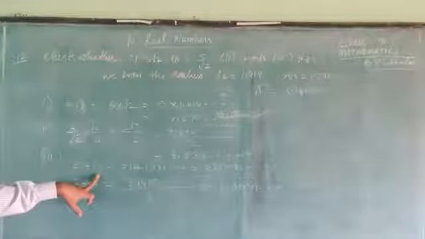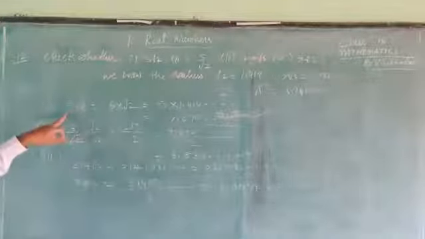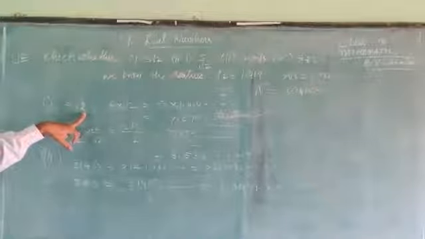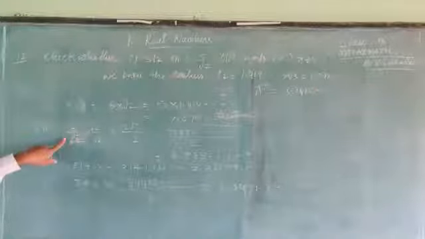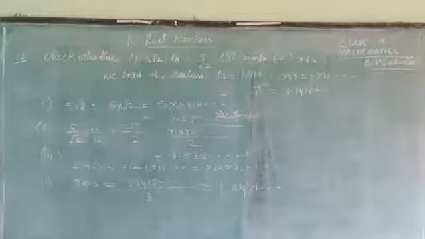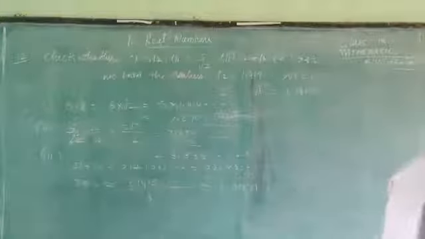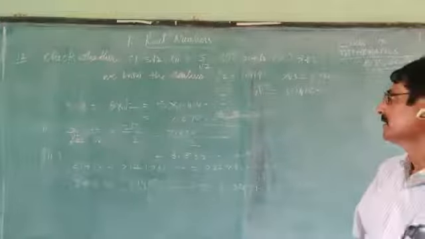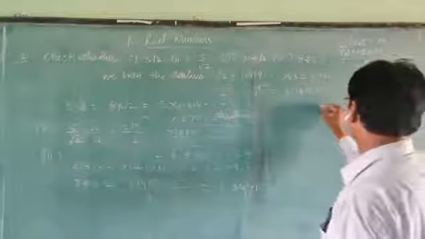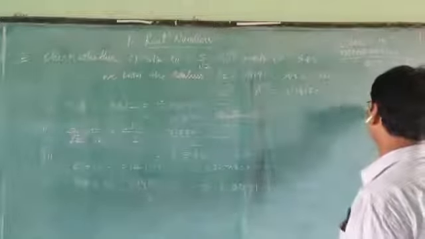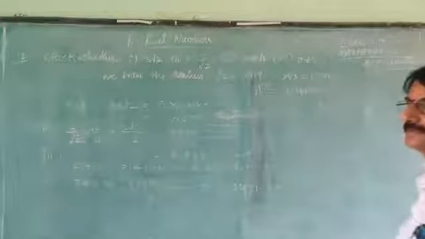Rational and irrational: multiplication of a rational and irrational, division of a rational and irrational.